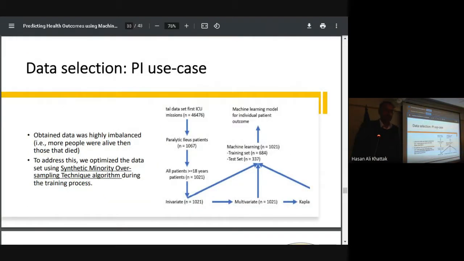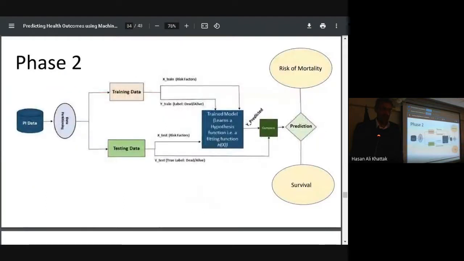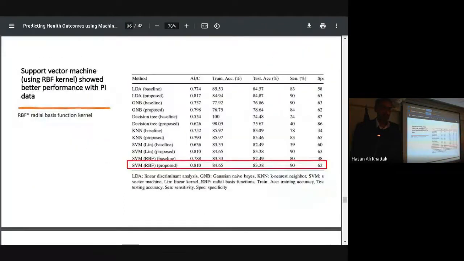So the data that we obtained from the ICU was around 46,000 patients, of which we found 167 with pancreatic injury. Then we took all the patients with age over 18, and applied univariate and multivariate machine learning models. And after that, we got the results.